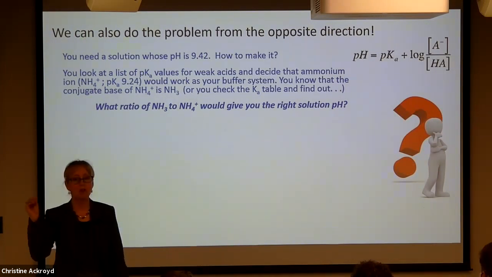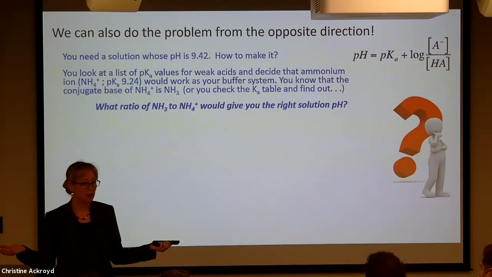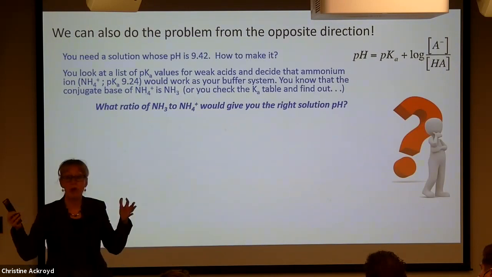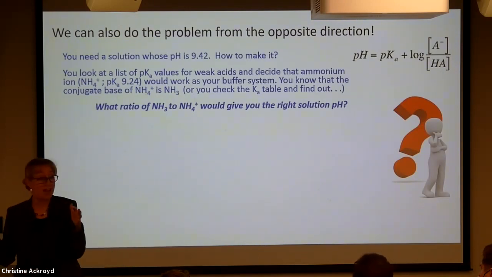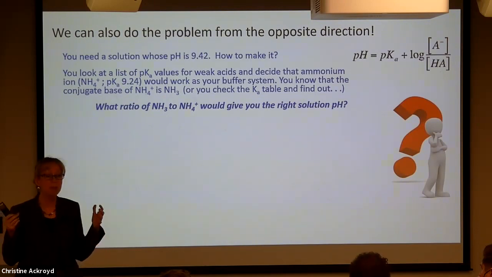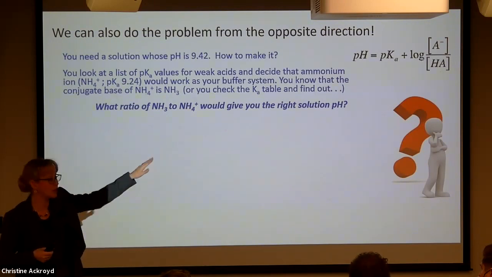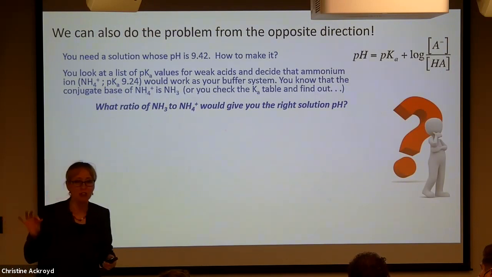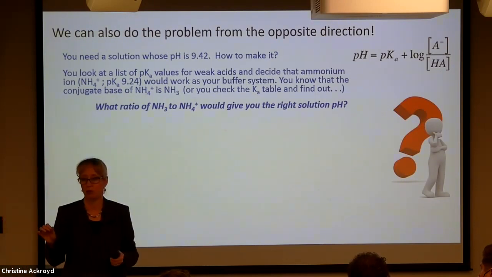If we take moles per liter and divide by moles per liter, do we have to have the liters in there? Both the weak acid and the conjugate base are in the same volume of solution, which means that the concentration ratios in the equation are identical to the mole ratios.